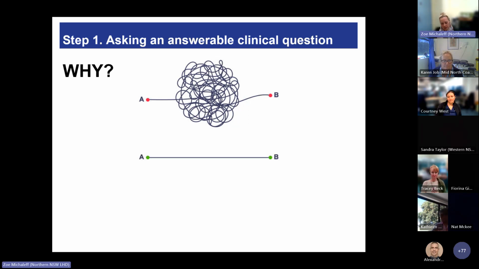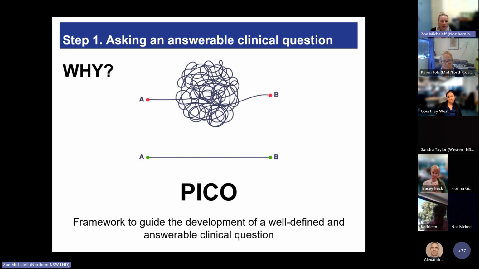So when we start our evidence-based practice journey, we want to make sure our question is well defined and specific, as only then will it be answerable. And as I highlighted in the previous slide, every step of the process stems from a well-designed and specific question. So in evidence-based practice, we use the PICCO framework to guide the development of a well-defined and answerable clinical question.